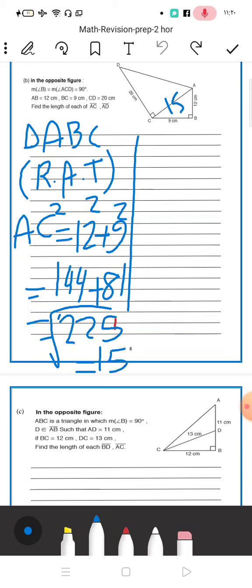Okay, now let's look at the other triangle here. The other triangle here is triangle ACD.